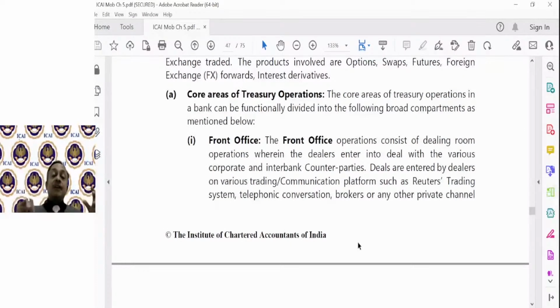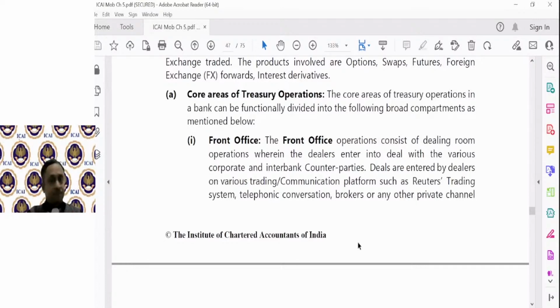But when it is converted into bankers' value, it may run into 500 crores, 1000 crores, 10,000 crores based on the size of the bank. So this much additional investment has to be made. The banker is going to invest with whom? The entity that is giving the maximum rate of interest. That means the front office is going to deal that we are investing so much money, so we want the better rate of interest. So this is how they deal.